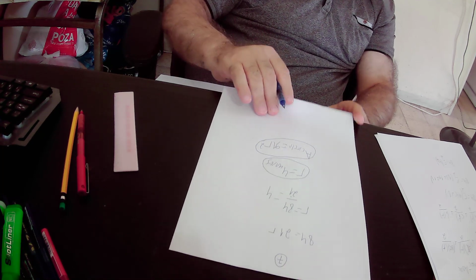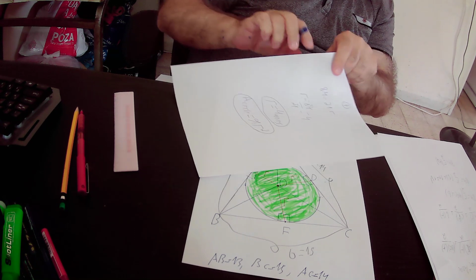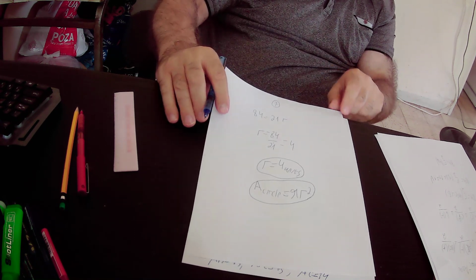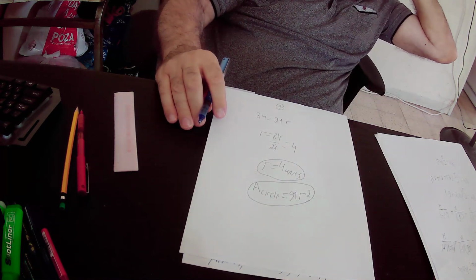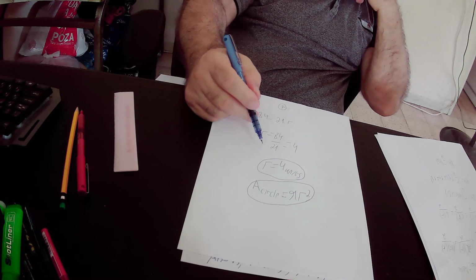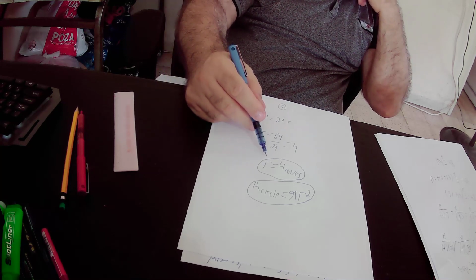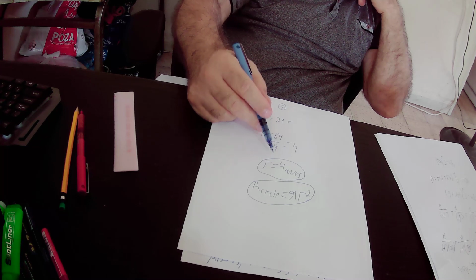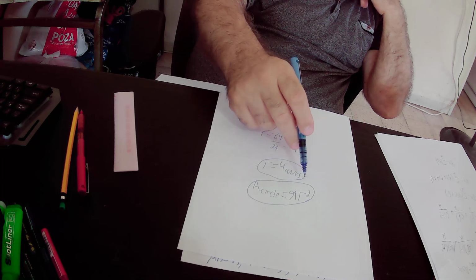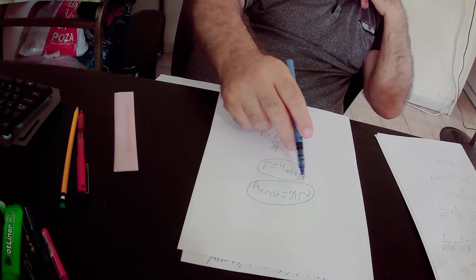That is the formula for the area of any circle. But we know that R equals 4 units, so we can substitute R in this equality by 4.